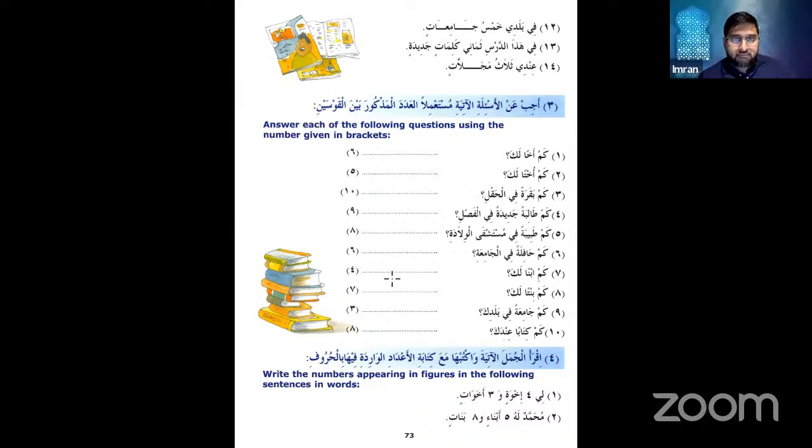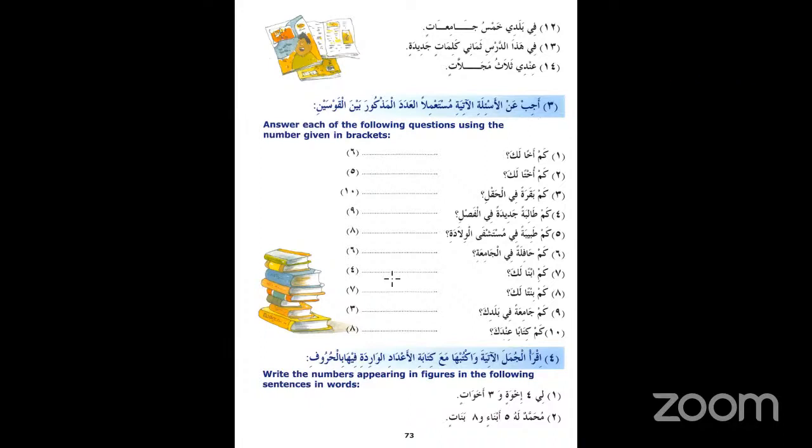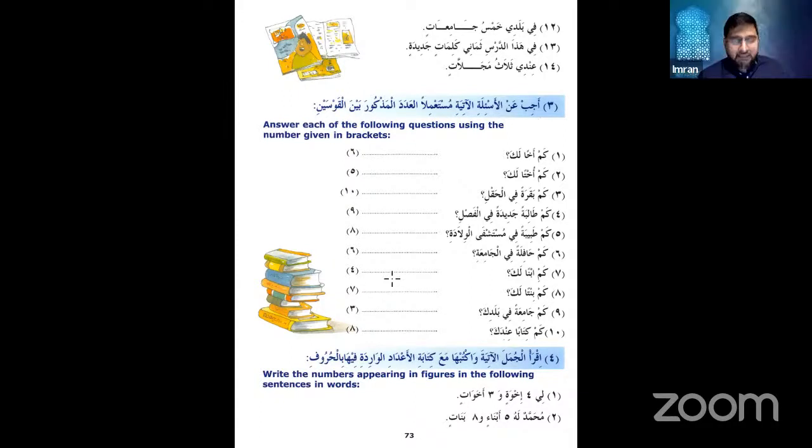Sorry, 8 new words. Correct. I have 3 magazines. Magazines, yeah, correct.